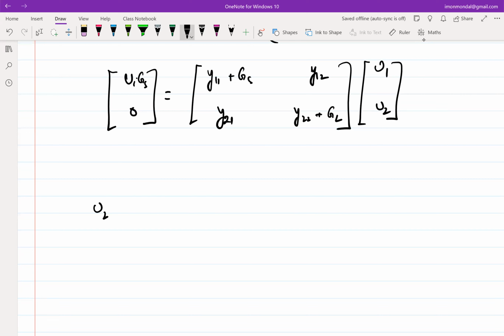I hope you remember Cramer's rule. Long time back. So what is it? You take the determinant of the matrix here in the denominator.